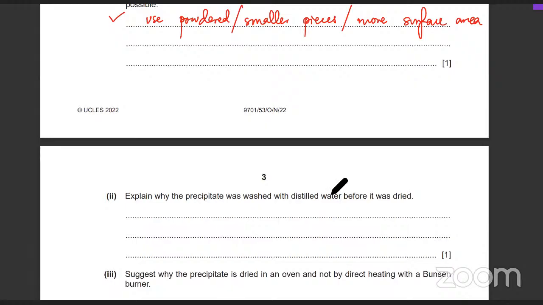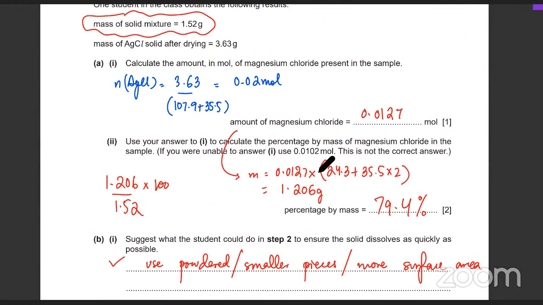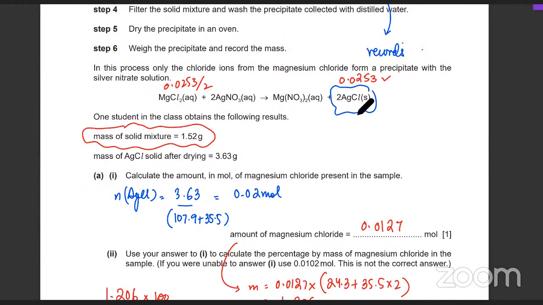Explain why the precipitate was washed with distilled water before it was dried. When you took out this precipitate, why do you have to wash it? So that it does not have any impurity. And what is that impurity? These are your impurities, the unreacted reactants, so to remove any MgCl2 or silver nitrate.